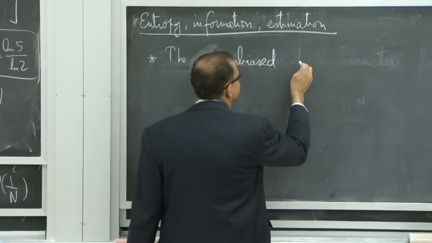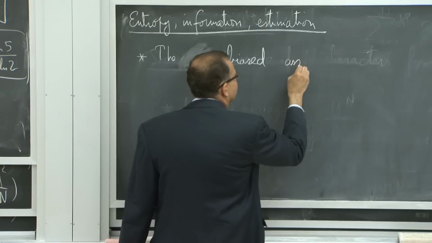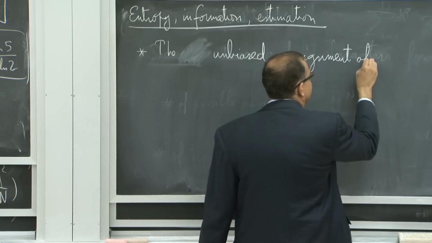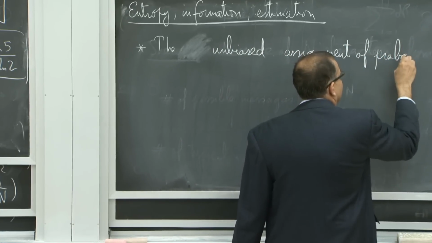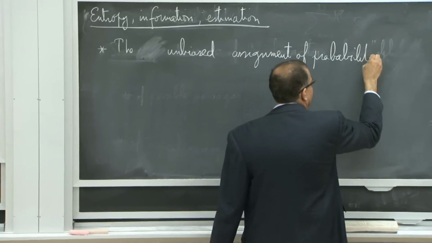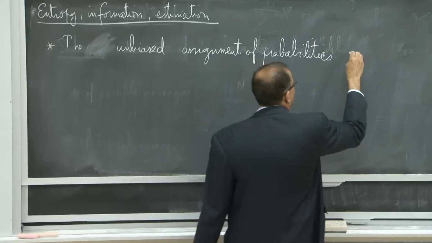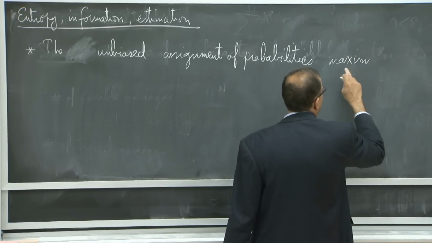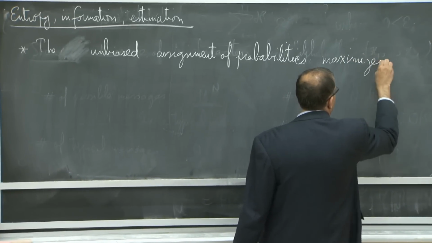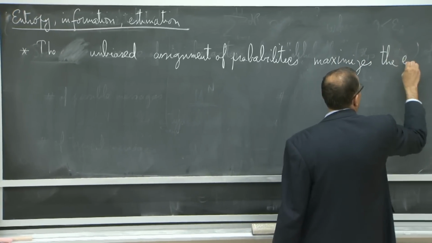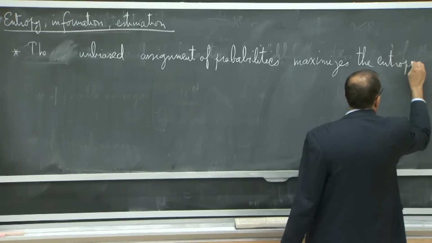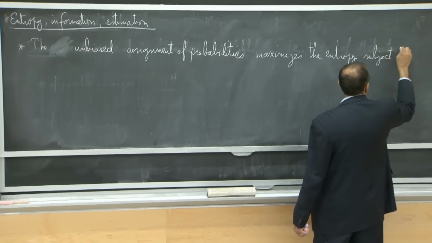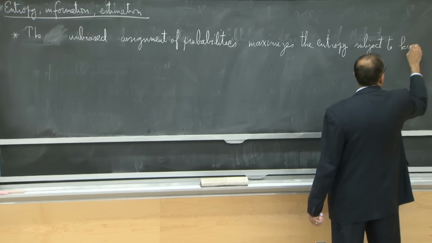The unbiased assignment of probabilities maximizes the entropy subject to known constraints.